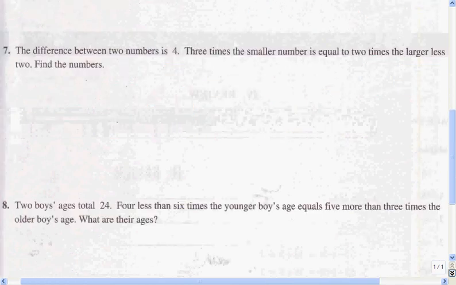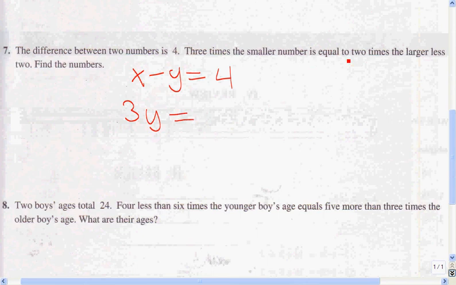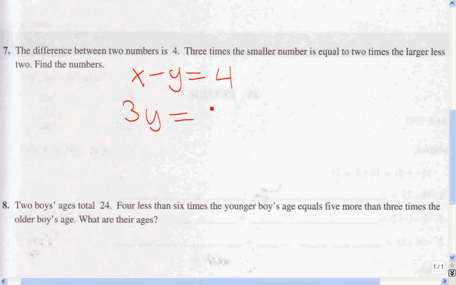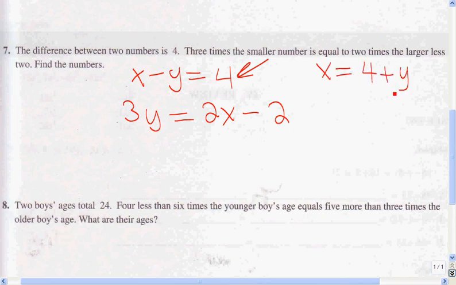All right. The difference between two numbers is 4. So x minus y equals 4. 3 times the smaller number, so 3 times y, equals 2 times the larger, less 2. So 2 times the larger number, 2x minus 2. Okay, again, I'm going to use this equation to solve. So x equals 4 plus y, because I add y to both sides, right?